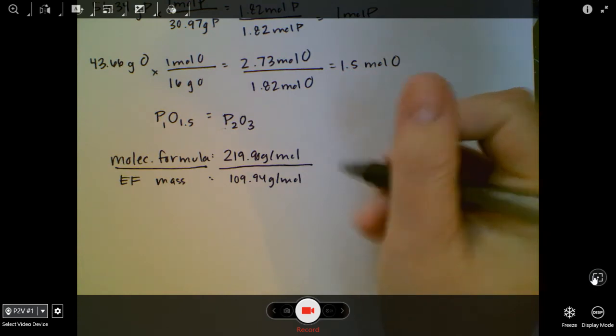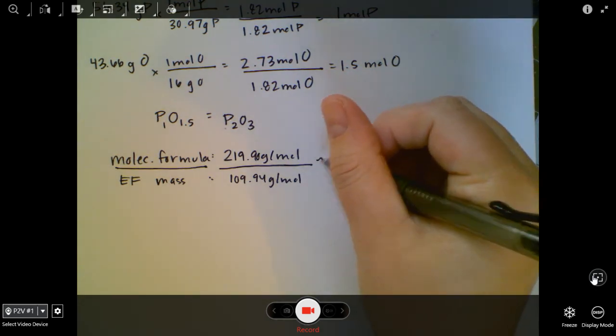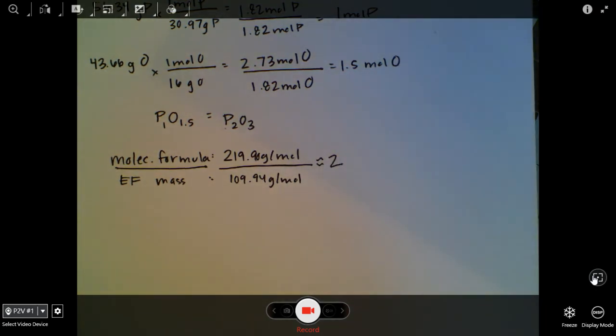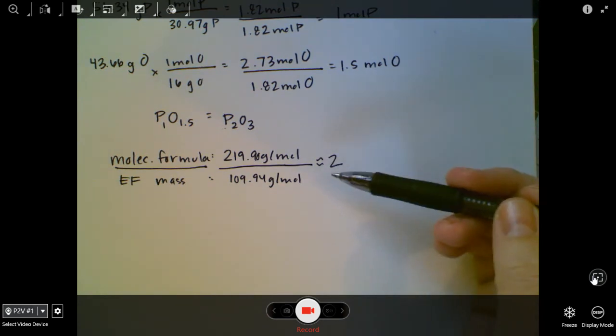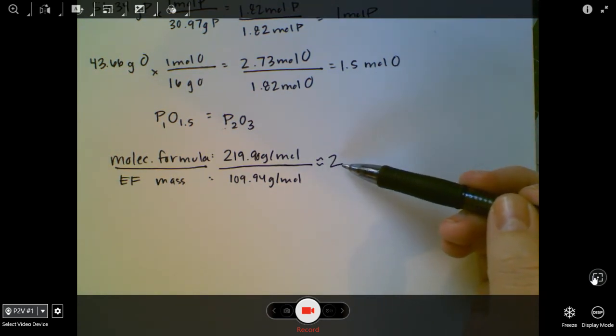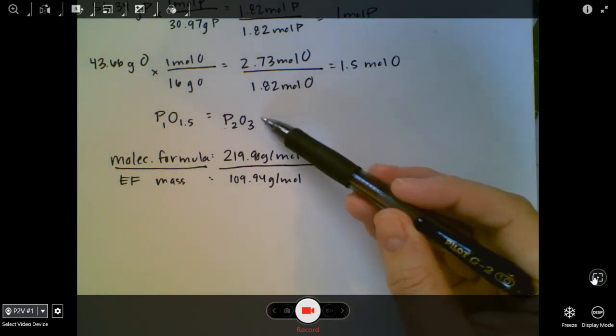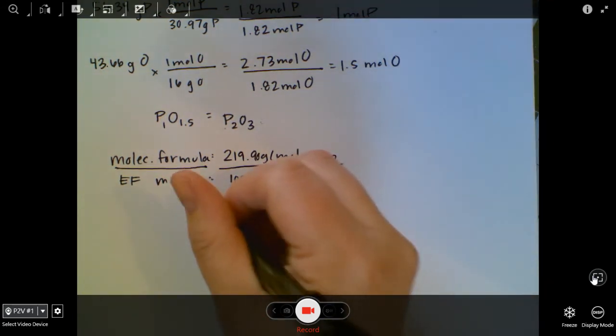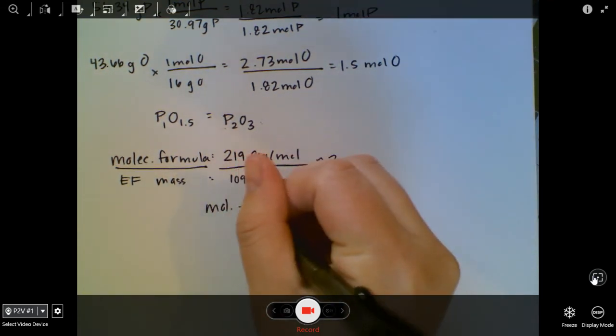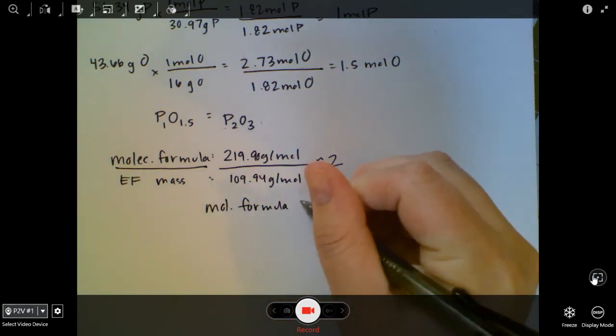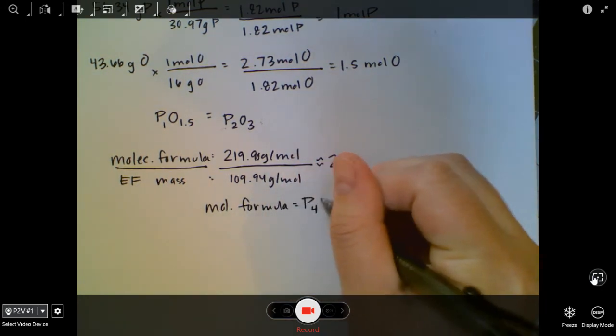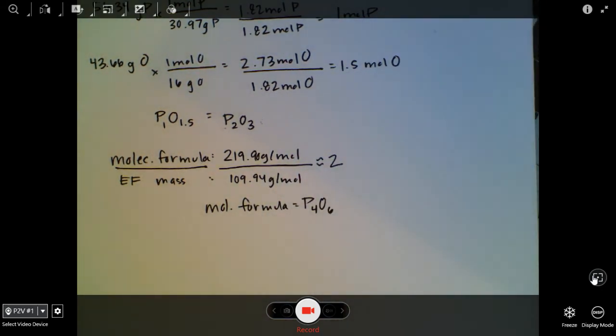When I do that, I get a number that is approximately 2. It's not necessarily going to be a perfect 2.00, but that's okay. What this ratio tells me is that my molecular formula is twice as big as this empirical formula. So my molecular formula then is going to be P4O6 because it's twice as big.